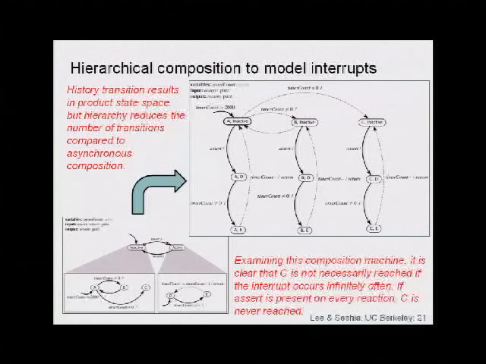So in this picture, the transition labeled with assert is a preemptive transition. So you can only go from A idle to B idle when assert is not present, right? And so effectively there should be a label which says not assert here. So we've been a little bit sloppy here with the notation, even on this slide.